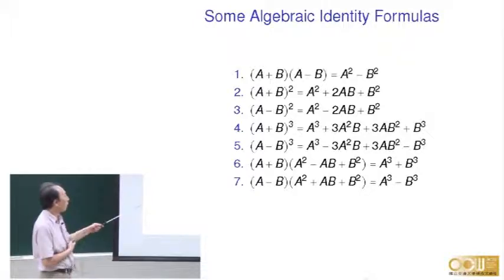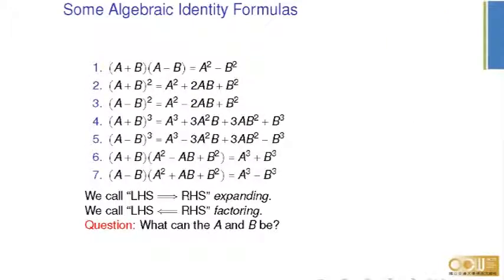We call all these identities, if we go from the left-hand side to the right-hand side, expanding. We multiply them out. And from the right-hand side to the left-hand side, we call it factoring.